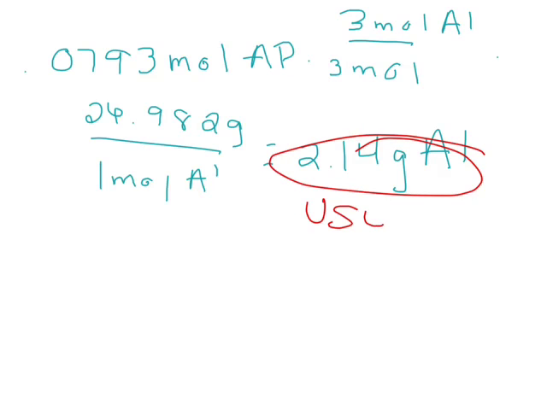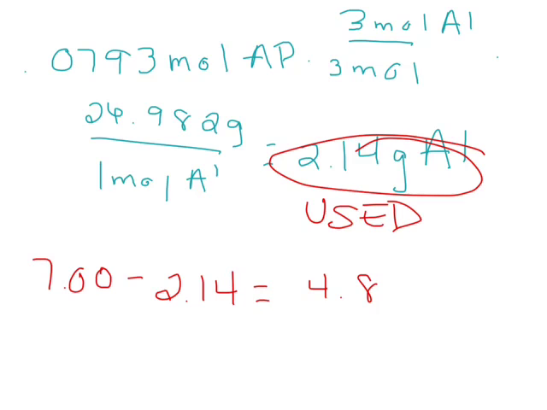This is not your answer for excess. To find excess, we have to take the total, which is 7.00, and subtract the amount used, 2.14, from it, and that equals 4.86 grams left unreacted. So that is how you do a limiting reactant problem.